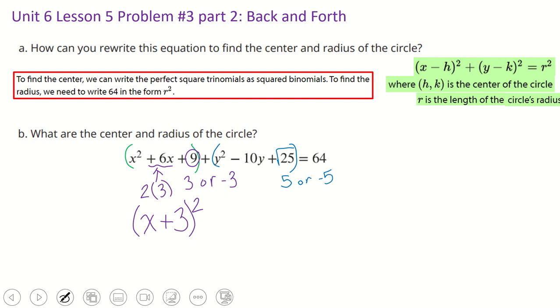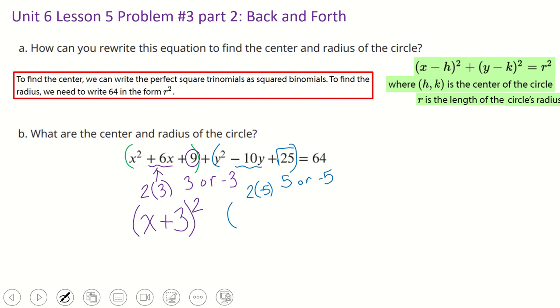I have to determine which one I'm going to use based on my middle term. So let's go to the middle term of this trinomial. I have -10y. So I need to think about 2 times which one of these numbers is going to give me -10. Notice this time I would have to pick a -5.